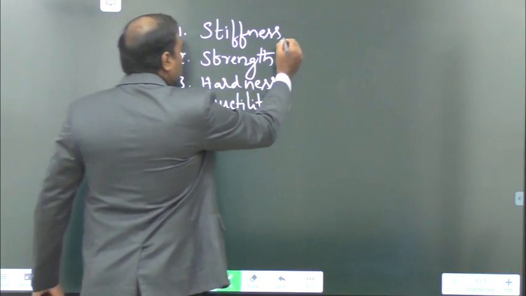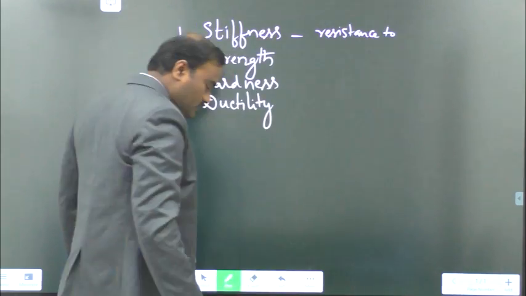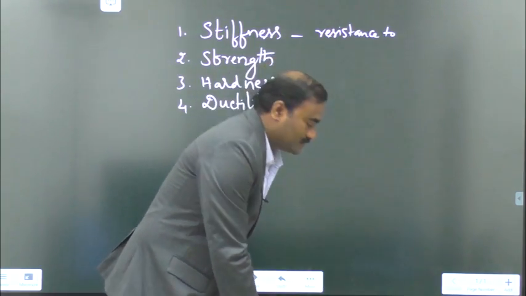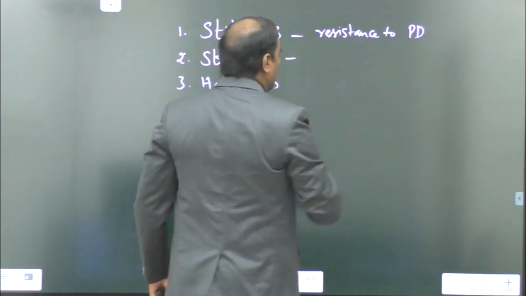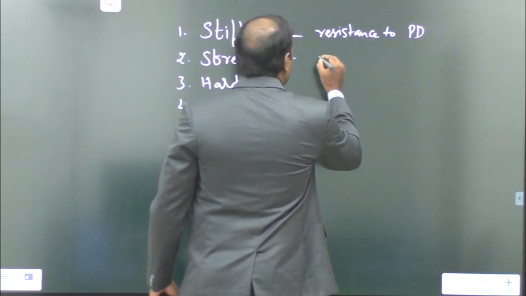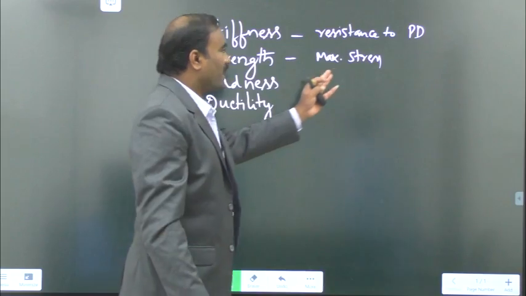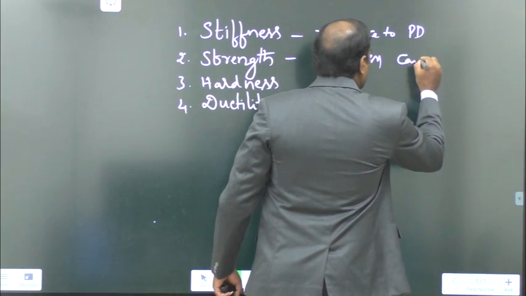Stiffness is resistance to plastic deformation. Strength is the maximum stress that a material can withstand.